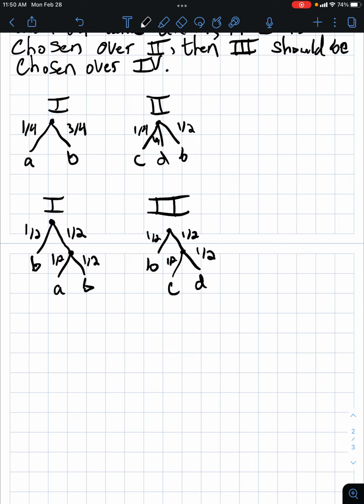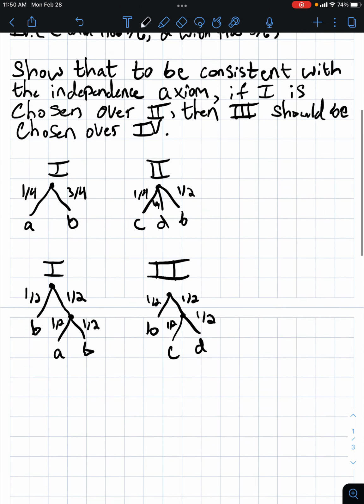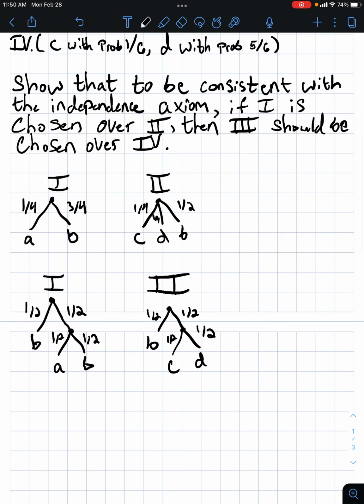Now we need to check that this one is also the same as the original lottery. So we get 1/2 B, correct. Now we check C, which is 1/4. 1/2 times 1/2 is a 4th. And D, 1/2 times 1/2 is the 4th. So as you see, lottery 1 and lottery 2, both rewritten from the original lotteries, are the same.